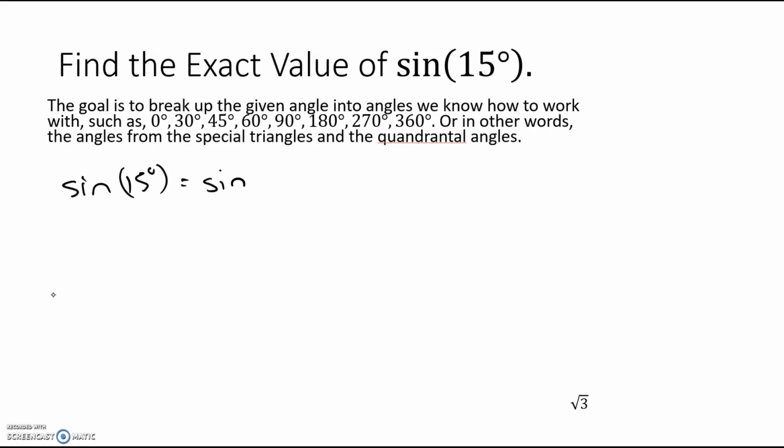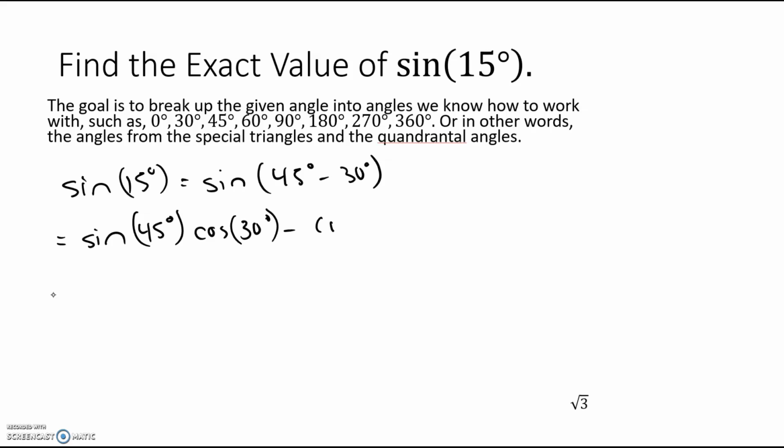Either one is going to come out to the same thing. Here, I'm going to use 45 minus 30. So I'm going to have sine of 45 times cosine of 30 minus cosine of 45 times sine of 30.